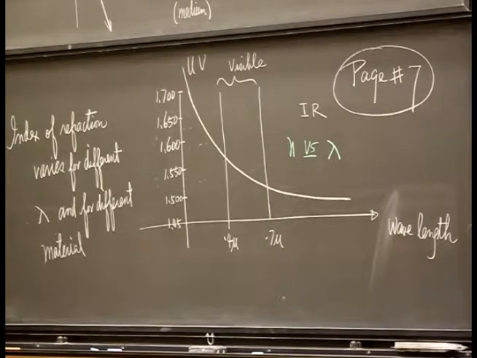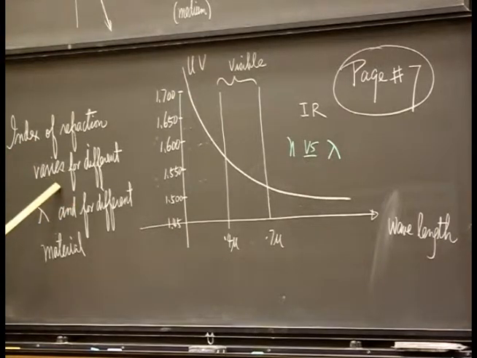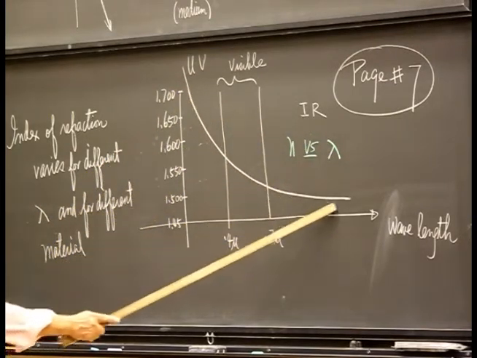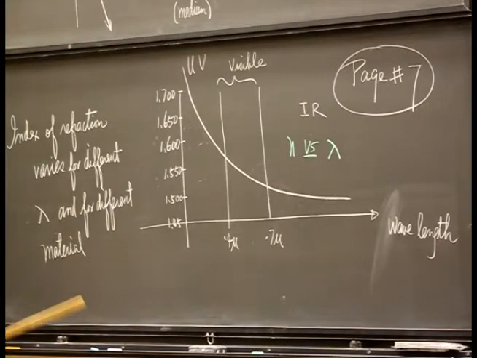One thing: there are some characteristics of the index of refraction. One important characteristic is that the index of refraction varies for different wavelengths and for different materials. For a particular material, the index of refraction versus wavelength has this kind of curve.